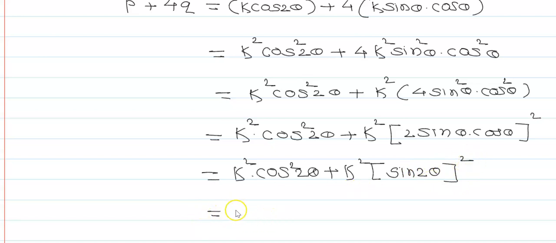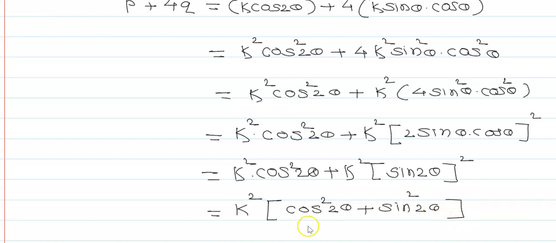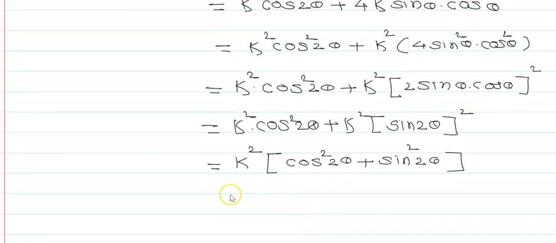Okay, now we will take k square as common, then in bracket you will get cos square 2 theta plus sin square 2 theta, but cos square 2 theta plus sin square 2 theta is equal to 1.